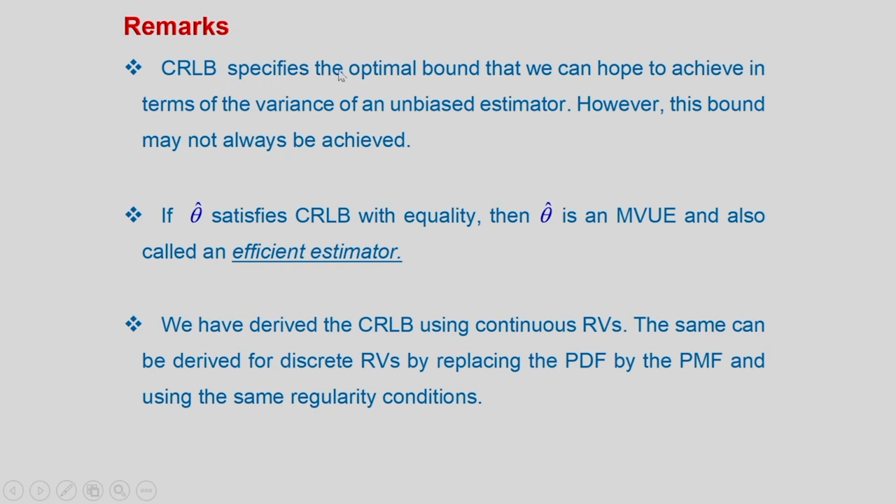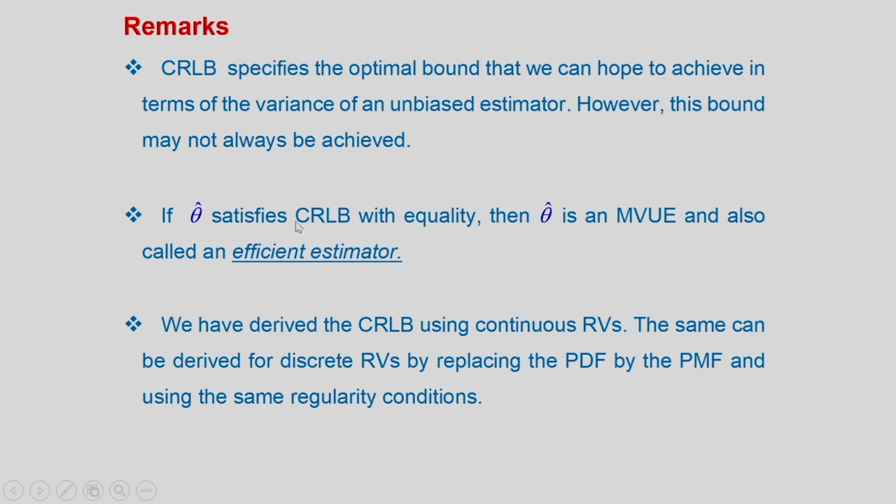Let us make some important remarks. CRLB specifies the optimal bound that we can hope to achieve in terms of the variance of an unbiased estimator. It is an optimal bound. However, this bound may not always be achieved, that is we may not reach this bound.